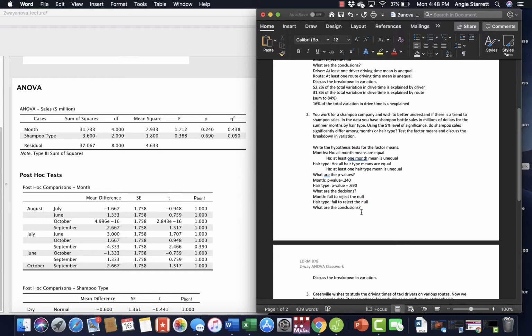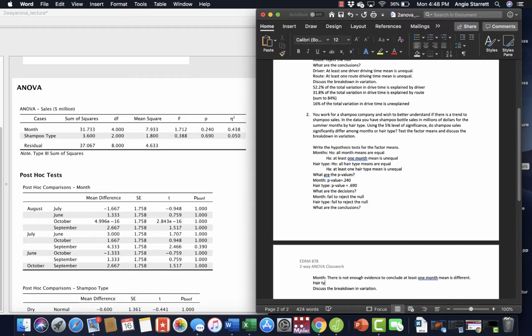All right, what are our conclusions? Well, for month, there is not enough evidence to conclude a difference, so there is not enough evidence to conclude at least 1 month mean is different.